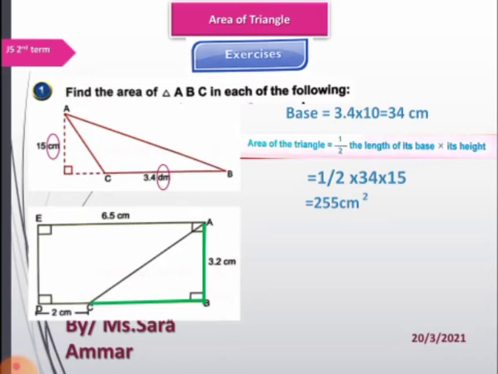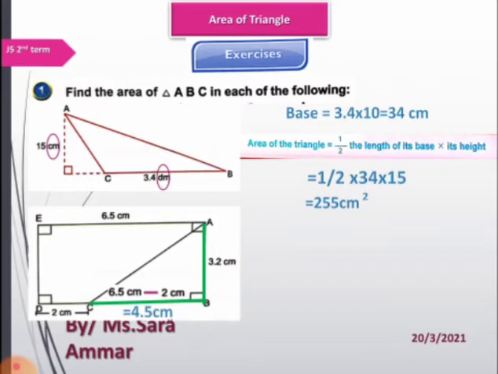But as we can see, ABDE is a rectangle. Okay, and we know that in a rectangle each two opposite sides are equal in length. So if AE equals 6.5, then surely BD is all 6.5. But we were given the part DC, which is 2 centimeters, so the other part, which is BC, will be 6.5 minus the 2, so BC will be 4.5 centimeters.